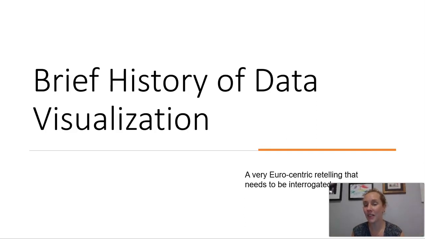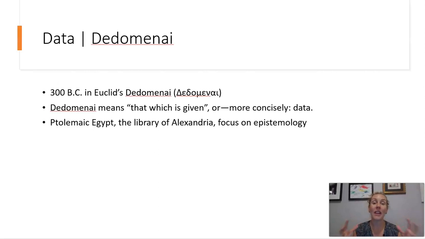So we are going to start with the very emergence of data, the very moment where data as an object, as a unit, came into being. And it was in 300 BC in Euclid's book. You might know Euclid from his proofs, but he also had a book called Data.